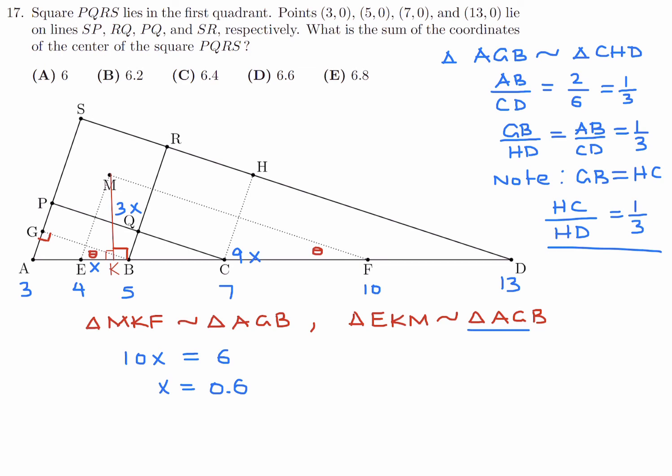And therefore now we can calculate the coordinates for M. The coordinates for M, well, it's from the origin all the way until K. The origin to E is 4, and then you just have to add an x, so it would be 4.6 for the x coordinate.